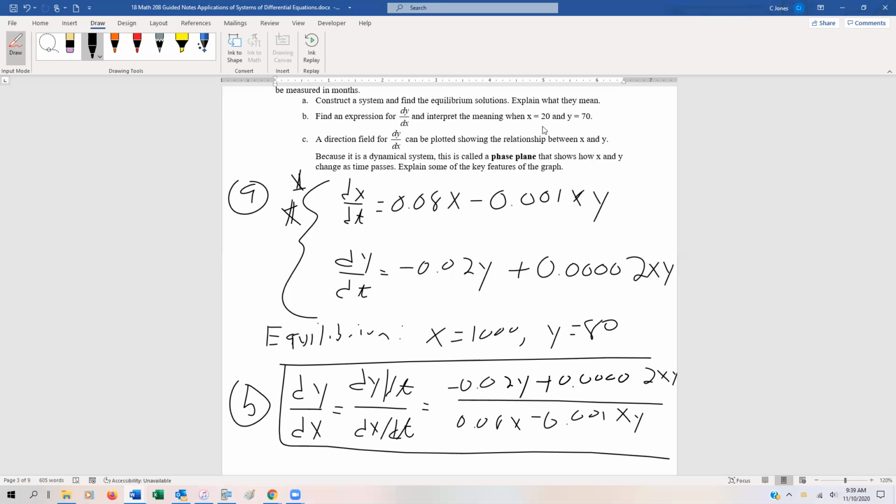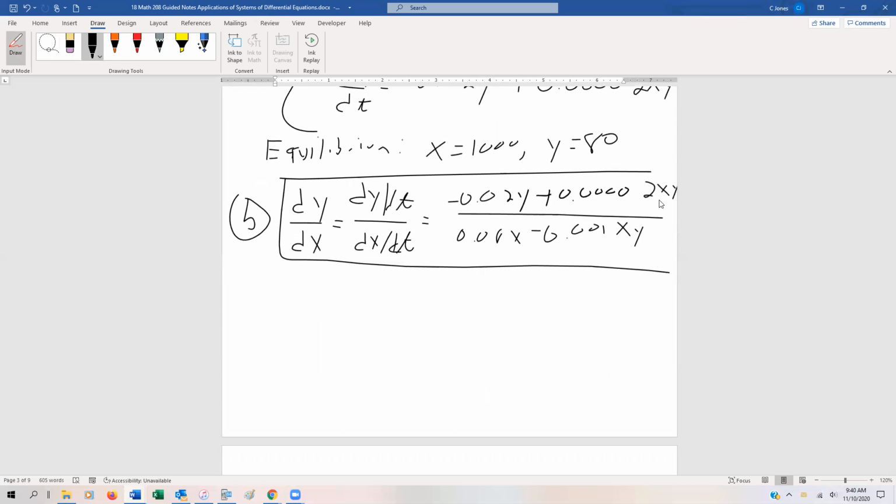And of course, what we're going to do is substitute x is 20 and y is 70, and figure out what that means. So dy/dx at the point (20, 70) is going to be equal to negative 0.02 times 70 plus 0.00002 times 20 times 70.